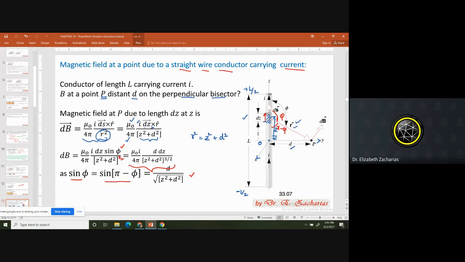Therefore, use your cross product or your right hand rule and see: dz cross r is going to go into the plane of this sheet, into the yz plane. Into the yz plane means it is along the x-axis with a negative sign.